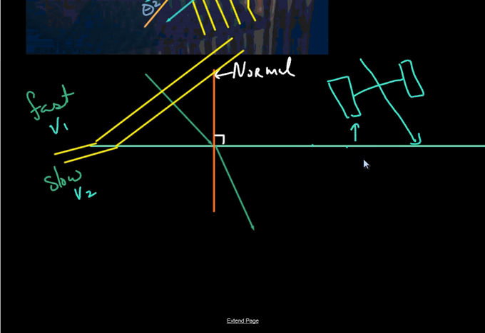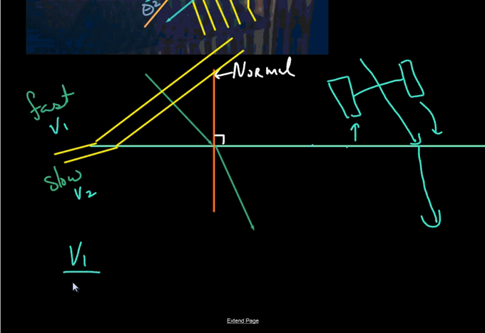This wheel will hit first and slow down, and what that'll do is it'll swing this wheel over because it's traveling faster, and you'll get a bend towards the normal, right? The normal would be here. So you get a change in direction such that it goes towards the normal. Does that make sense? As the wave slows down, it bends towards the normal, okay? So there's a couple of ratios here, and they work like this.